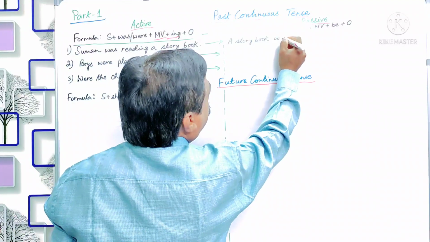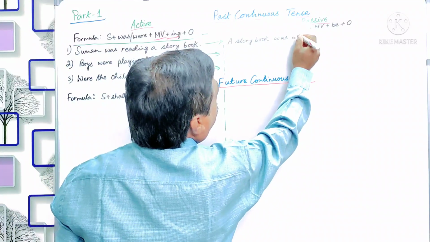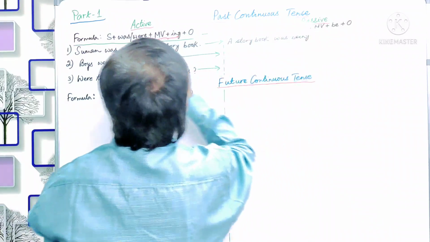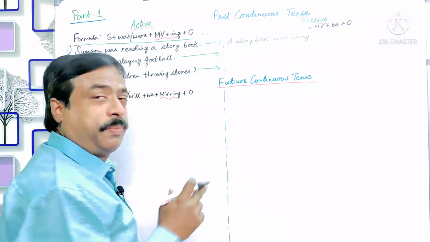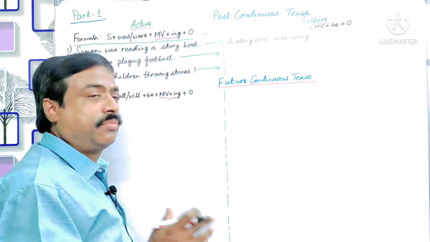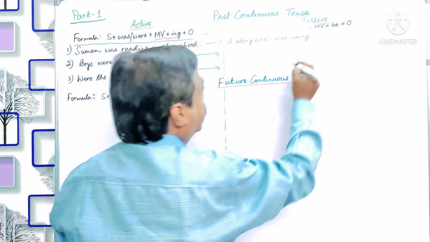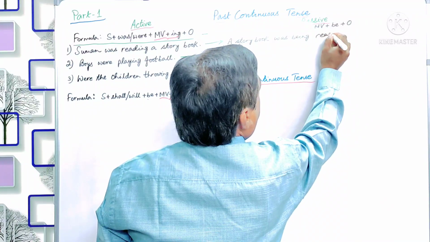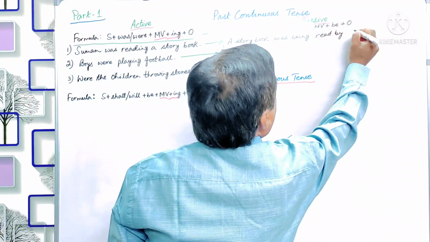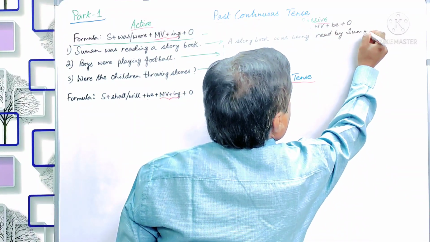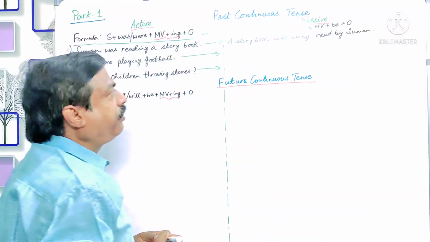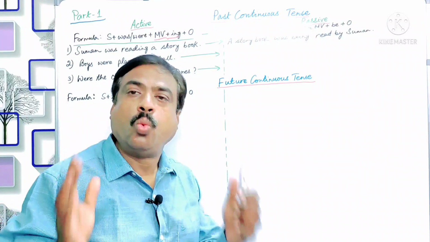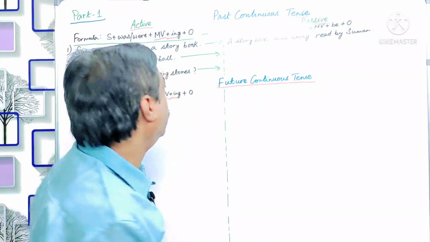A storybook in singular form, it will be was, then being will be placed, and read is the main verb. Read, read, read. The spelling remains the same, but the pronunciation changes. Being read by whom? By someone. Finished. A storybook was being read by someone.